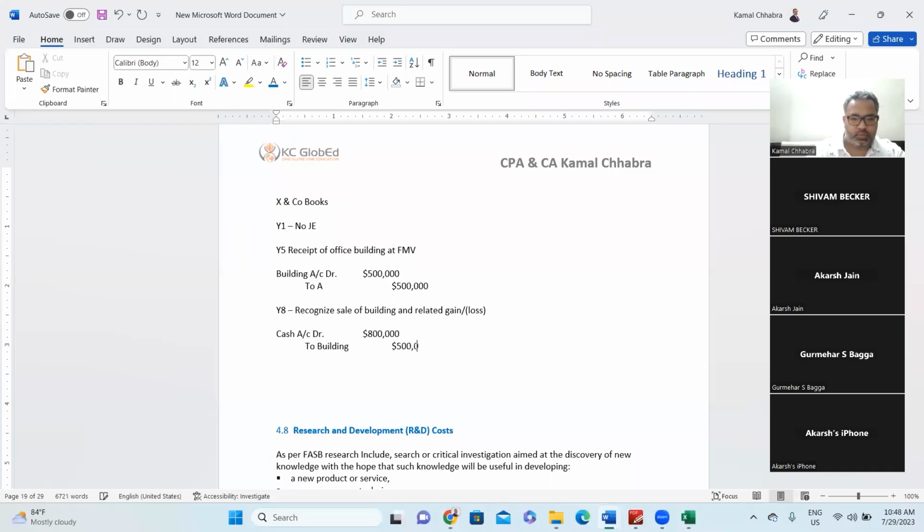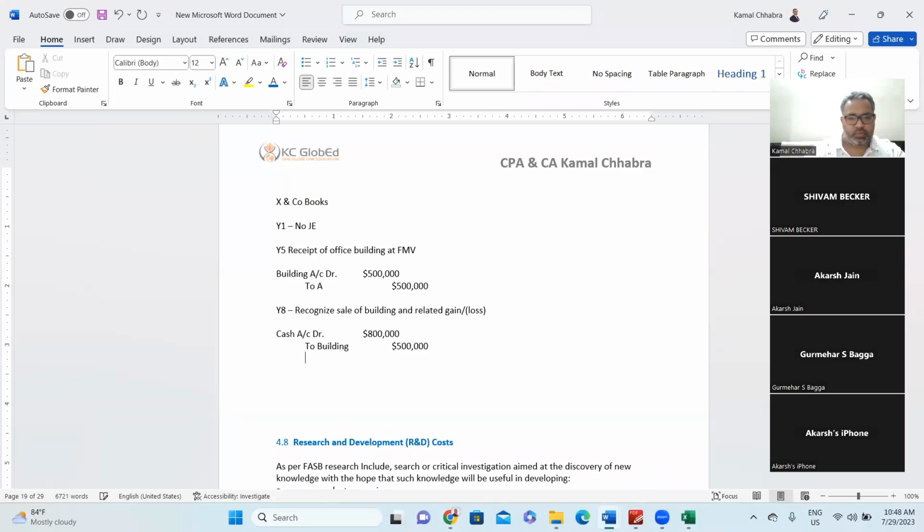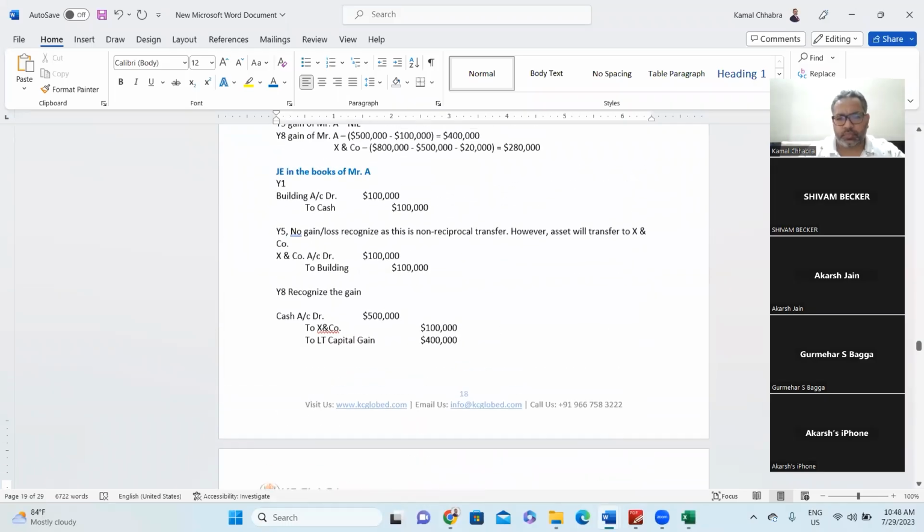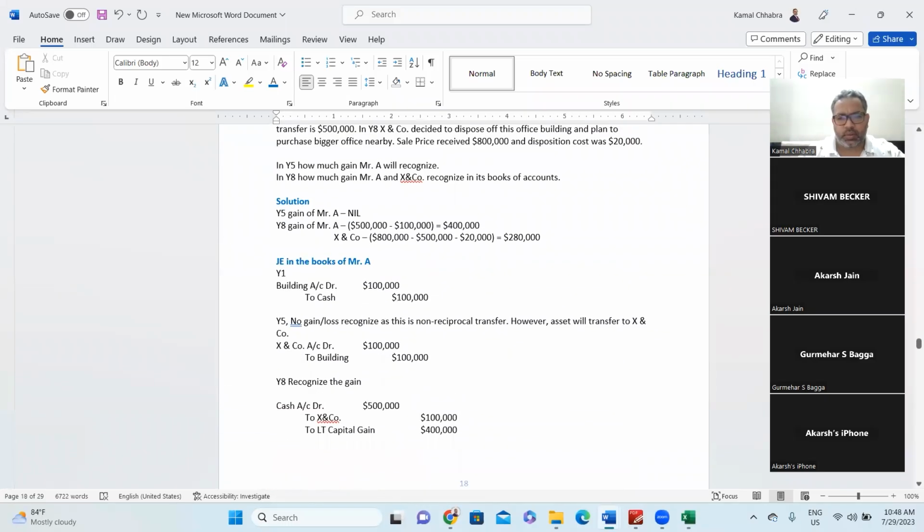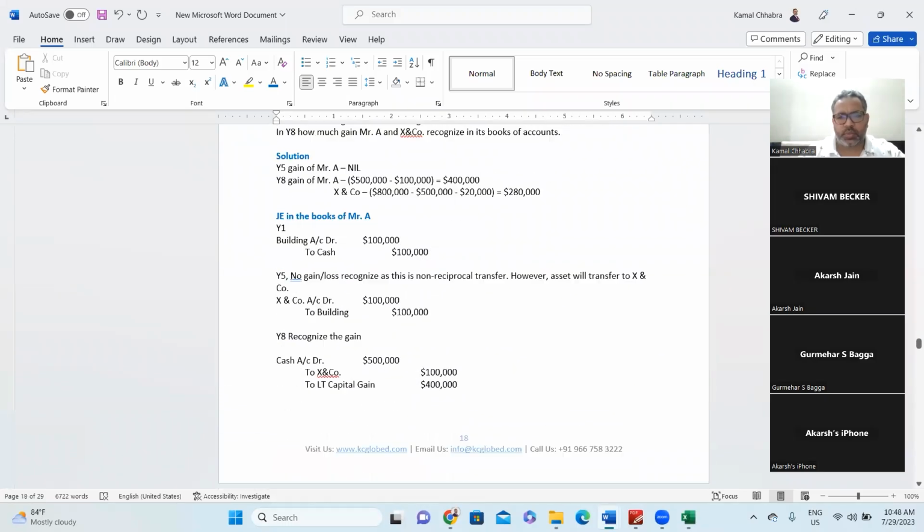Correct. Sir, here 3 lakh, then the 20,000 to bank, so the total 280 will be counted net. Two expenses, no? There are 20,000. What was that? That was the disposition cost.